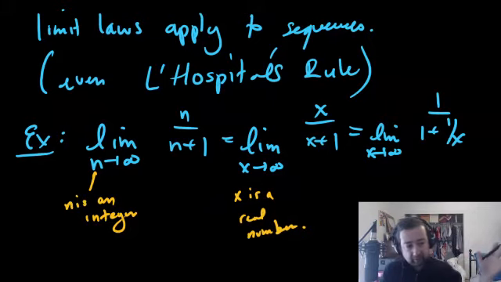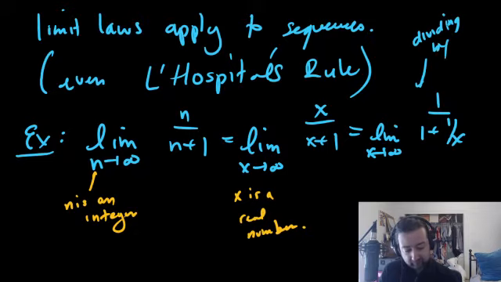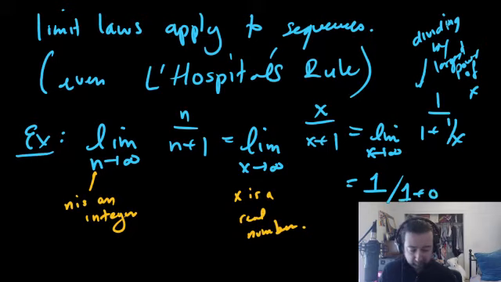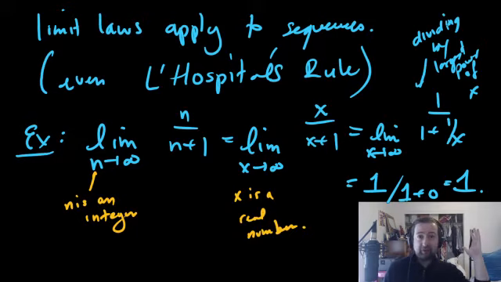You just clear the largest power. This is dividing by the largest power of x, a pre-calculus idea. What is left over? There's a 1 over x, and as x goes to infinity, that means this entire limit is just 1, because it's 1 over 1 plus 0. So this sequence converges.